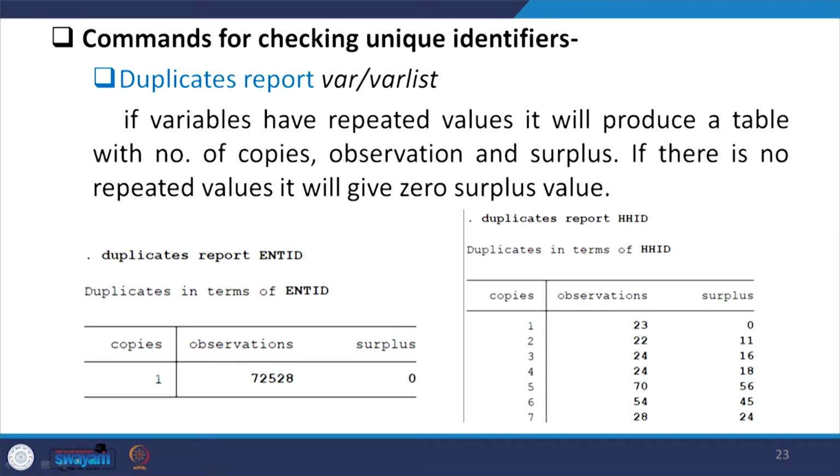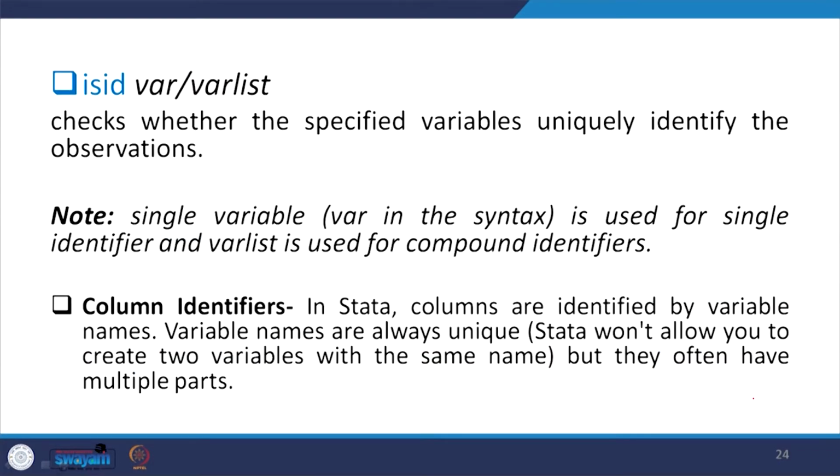Similarly, for 3 copies, the observations are 24, and if I divide it by 3, it will be 8. Then 8 into 2, 16 will be the surplus. So these kinds of surplus information are visible before us. If you operate, you will find out differences.